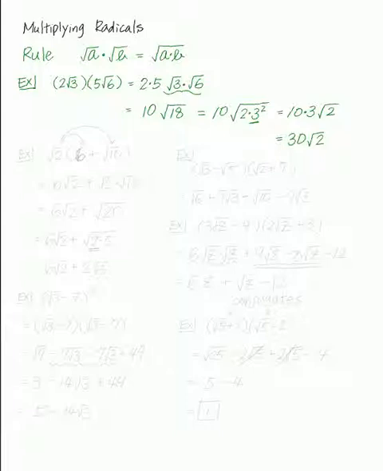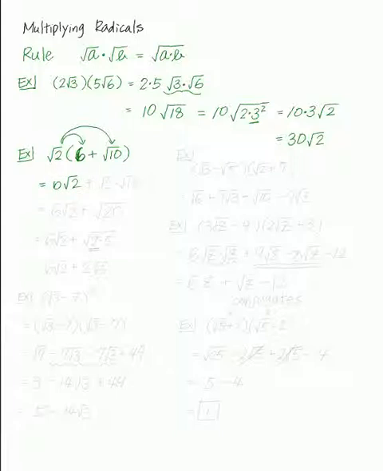So let's multiply some other radicals. For example, I have the square root of 2 times 6 plus root 10. Now in this case, I'm going to use the distributive property. And I'm going to multiply root 2 times the 6.